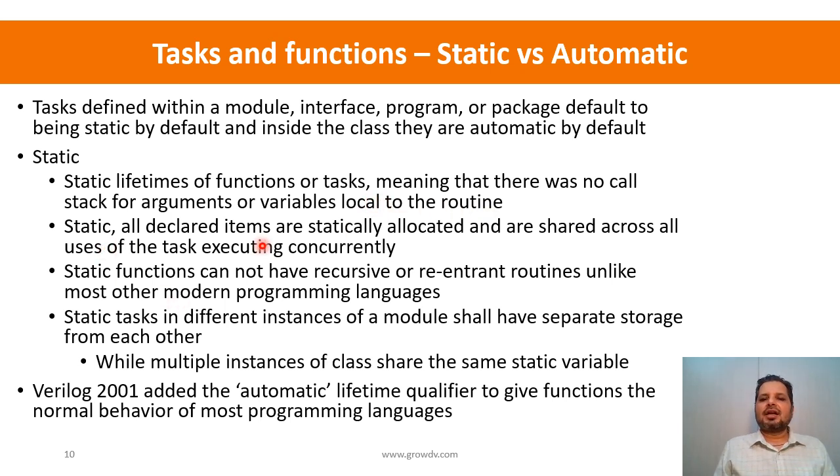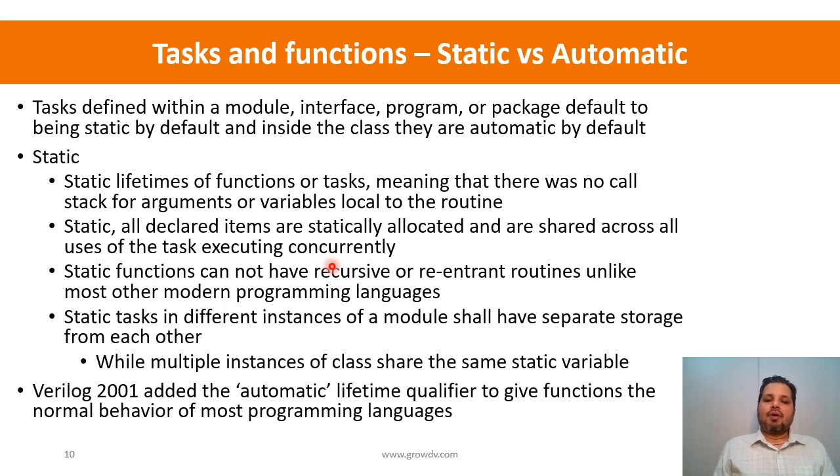So once it is declared as static, either the arguments or any of the local variables are just allocated statically, and they are shared among the multiple instances of the task that can be running. So this parallelism is an important concept. If it's not clear, then this is going to be hard to understand.